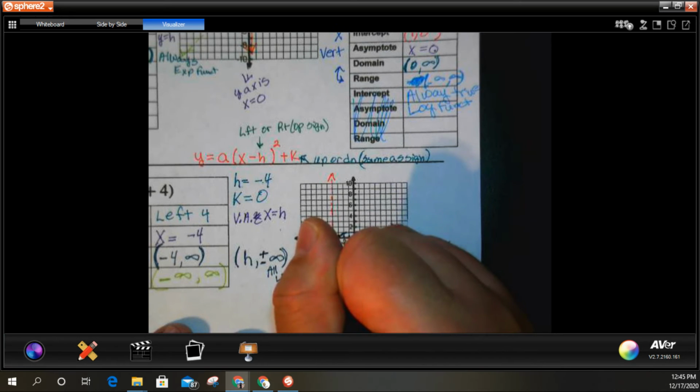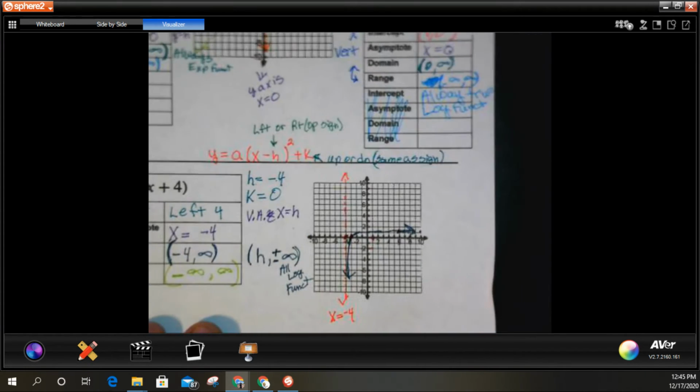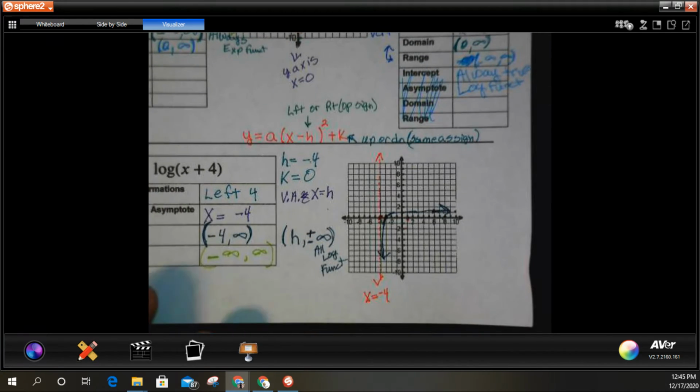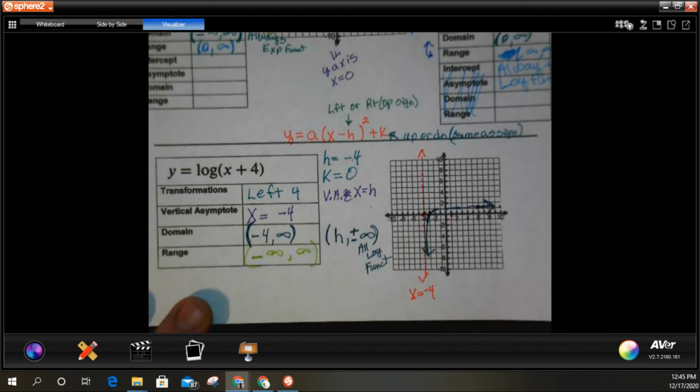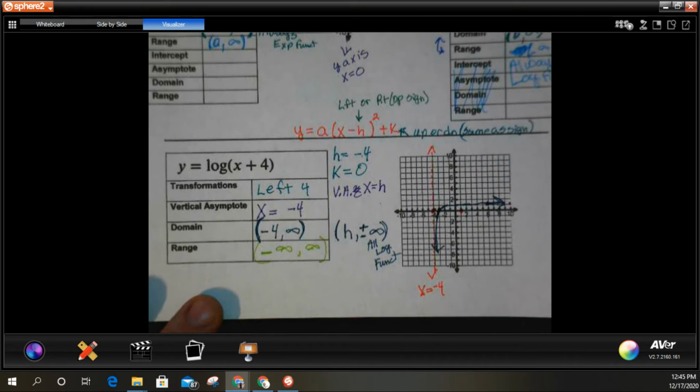So there's a lot going on with log functions, as there were with exponential functions. Okay, page 2.